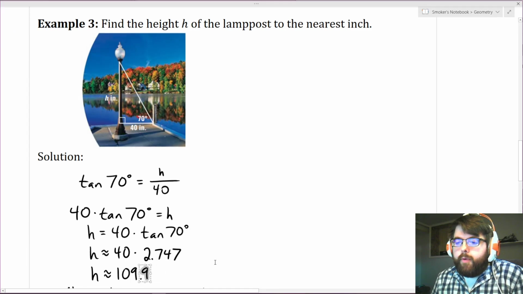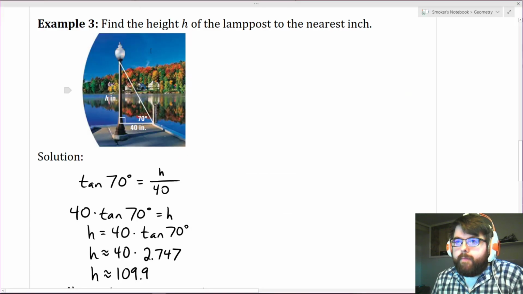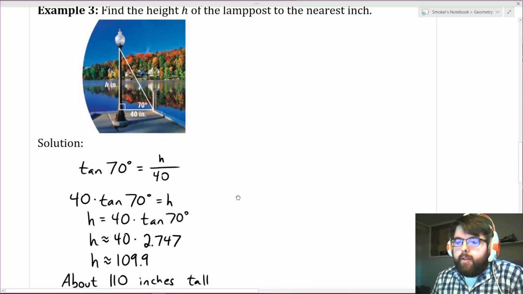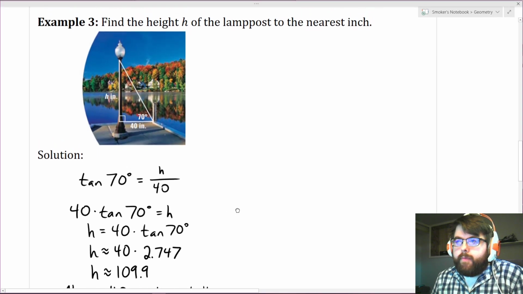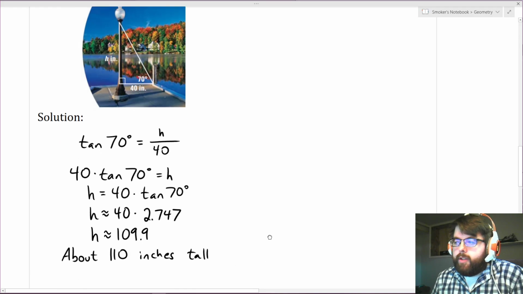Okay, round it up. Hopefully that makes sense. I'm going to answer that as almost 110 inches. And the unit was inches, so the answer should have inches.